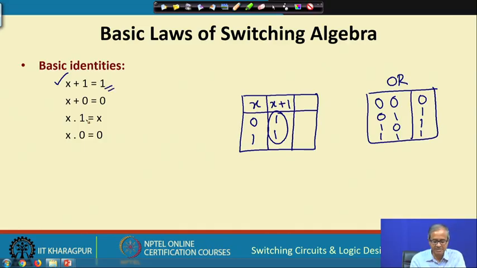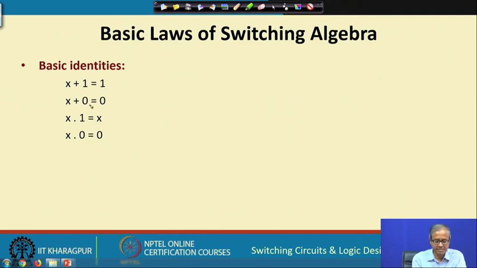Similarly, you can verify the others in the same way. So this is quite easy to verify like this, but you should remember these identities: if we OR something with 1, the value of the expression becomes 1, but if you OR something with 0, okay, here there is a small mistake, this should be x.